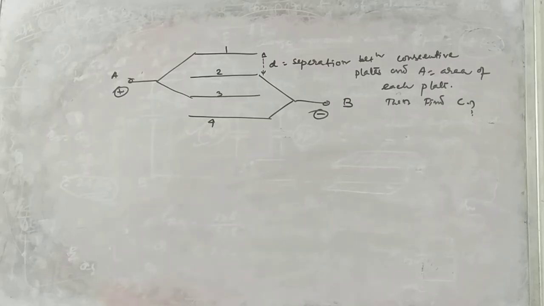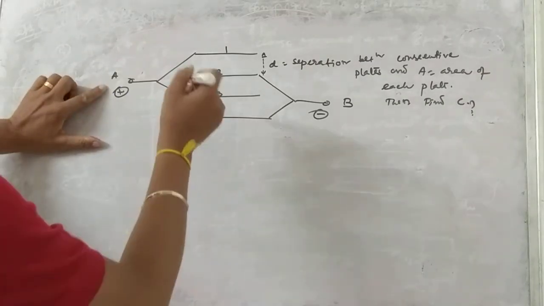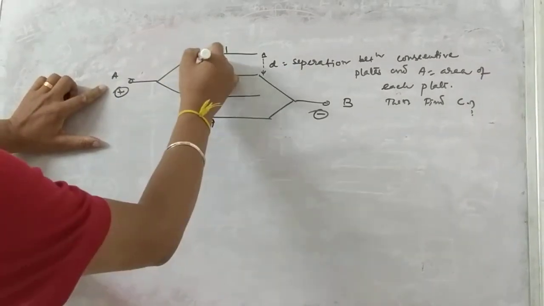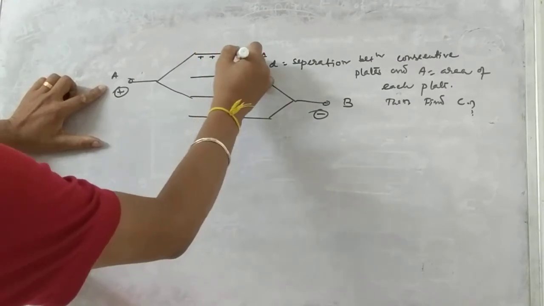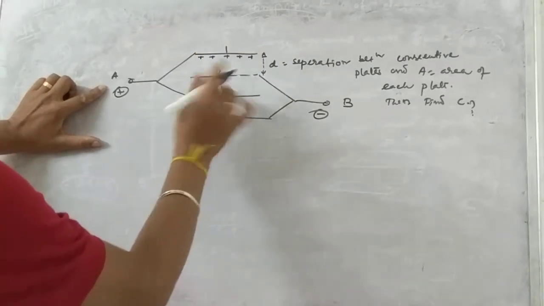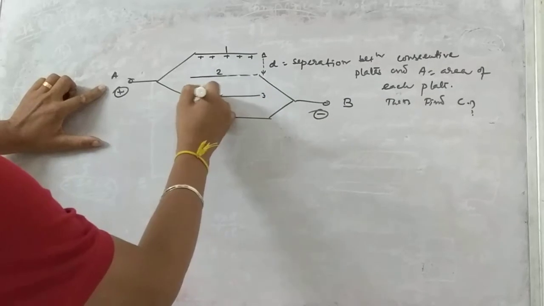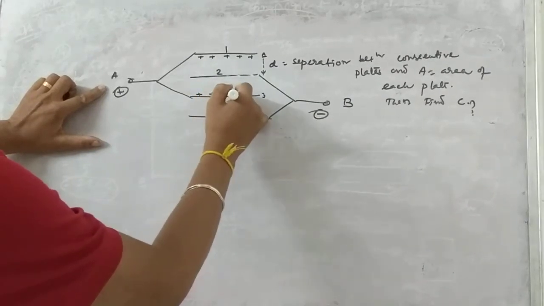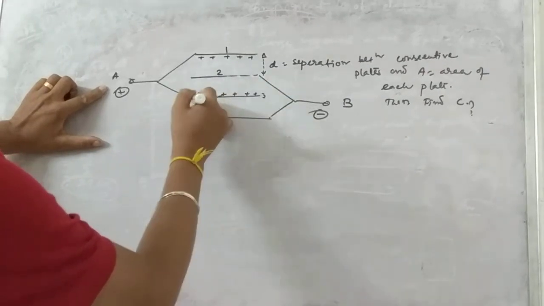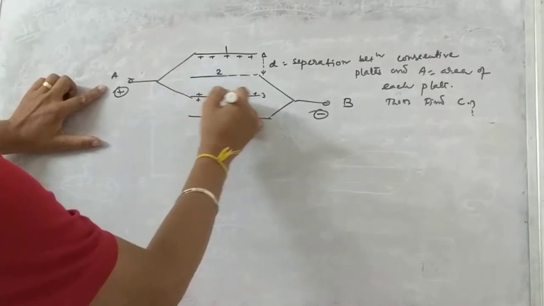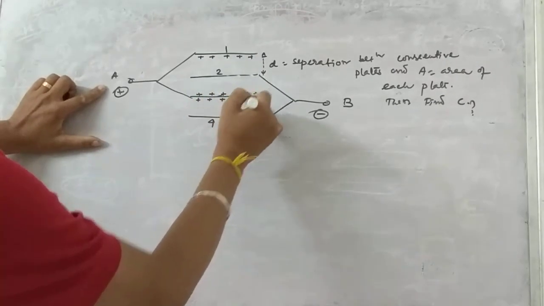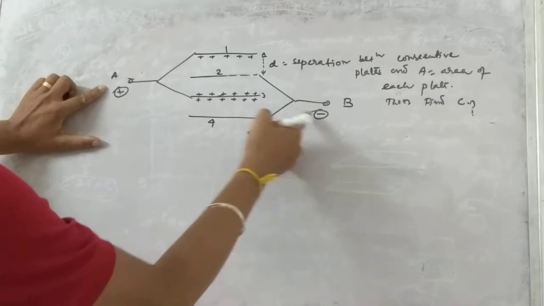Now what will happen? The charge from the positive terminal flows to plate 1 and plate 3. Therefore, plates 1 and 3 will get positive charge from the positive terminal of the battery. Plates 2 and 4 are connected to the negative terminal.